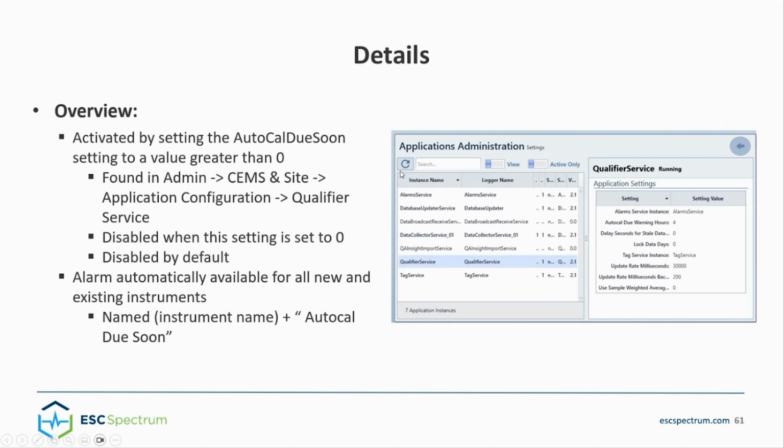Again, this can be found in the application settings page under the qualifier service, and can be turned on by setting the AutoCal due warning hours to be anything other than 0.